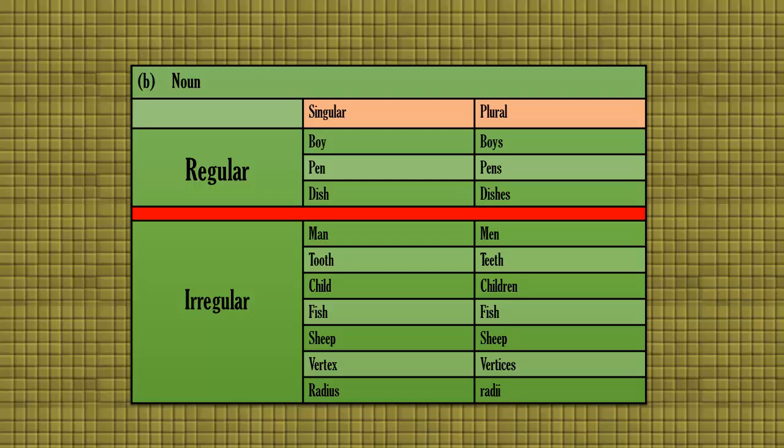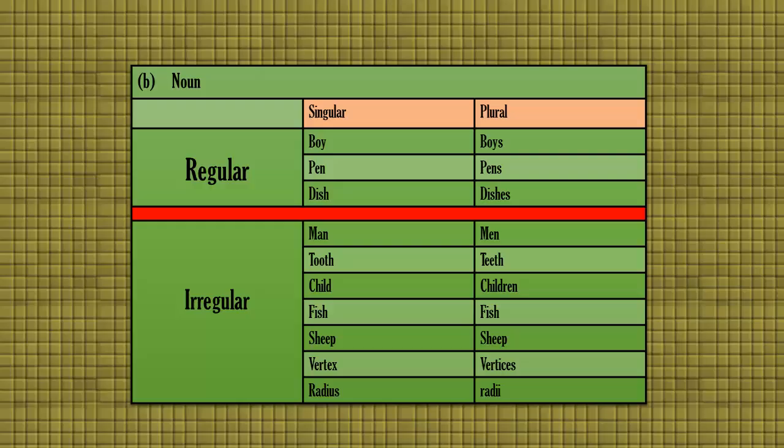Whereas in the irregular column, we see man, tooth, child, fish, sheep, vertex, and radius. And the plurals of these are man, men, tooth, teeth, child, children, fish, fish, sheep, sheep, vertex, vertices, radius, radii, and these are termed irregular nouns.